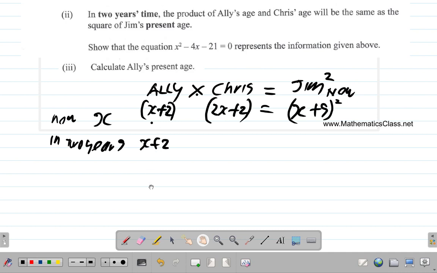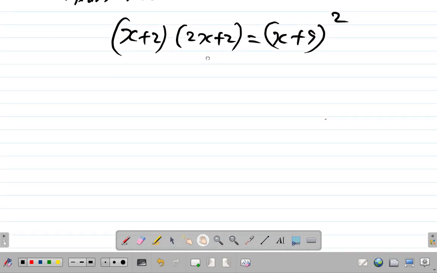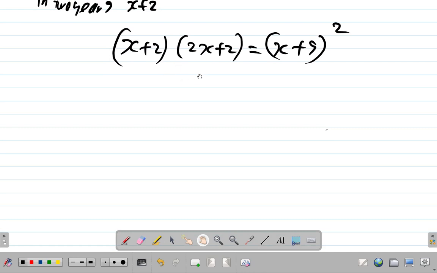Now, the thing is this now. x plus 2 multiplied by 2x plus 2 equals x plus 5 squared. You see? Now, let's multiply out these brackets here.